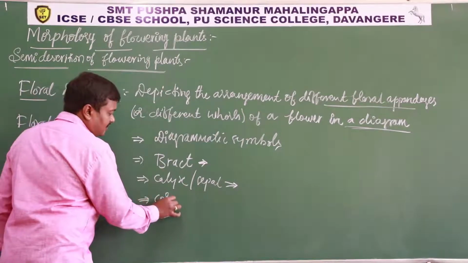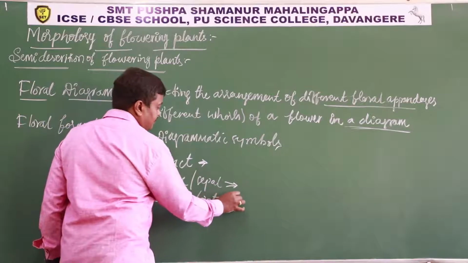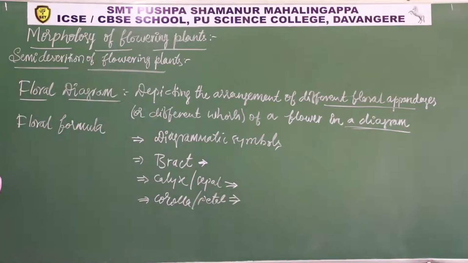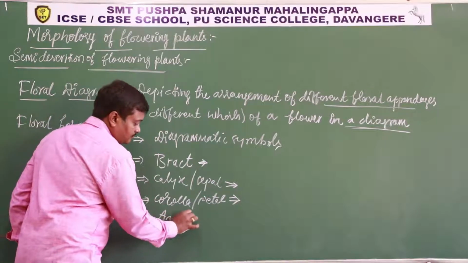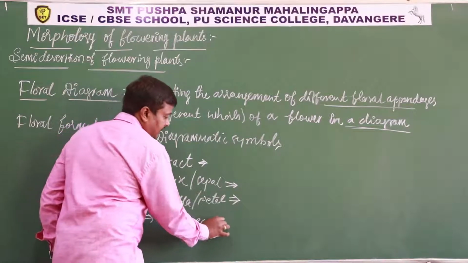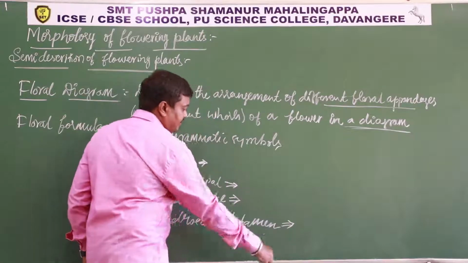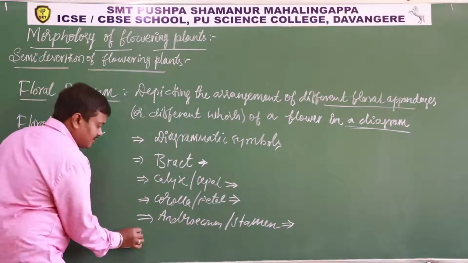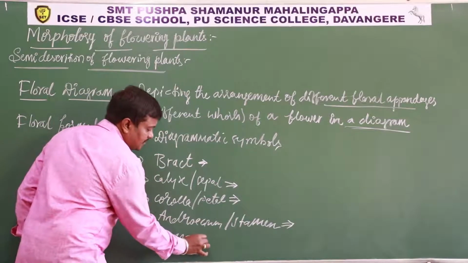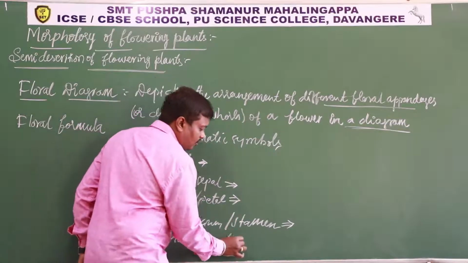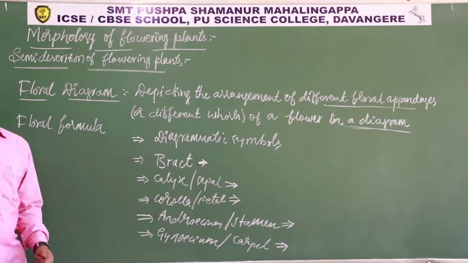Then corolla or petal can be represented by a specific diagrammatic symbol. Then androecium or stamen can be represented by a different characteristic symbol. Then gynoecium or carpel can also be represented by a specific diagrammatic symbol.